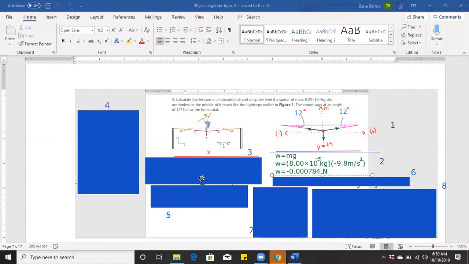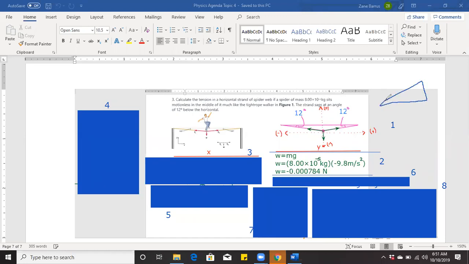Next, I started looking at each of these tension forces in an x direction first and a y direction next. Remember that whenever you're dealing with diagonal forces like the ones in our drawing right here, these 12-degree forces, it's always a good idea to take each of those diagonal forces and make them into a triangle.